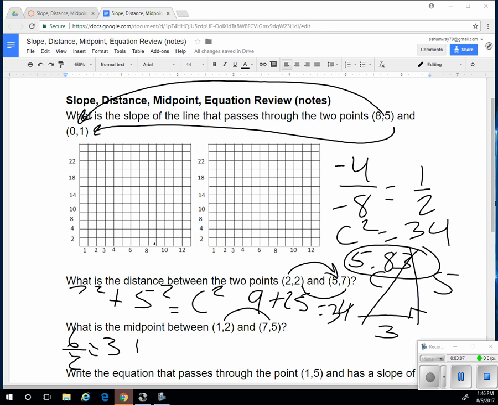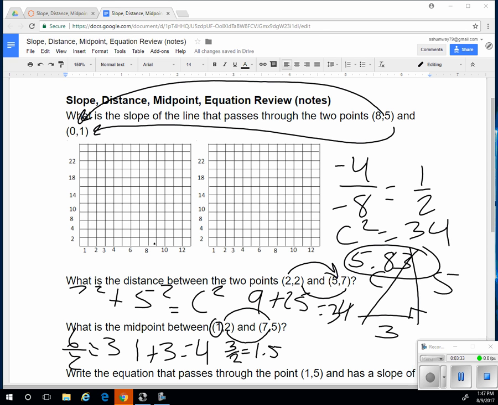If we're at 1, and we add halfway there, 3, that will get us to 4 in the x direction. In the y direction, we go from 2 to 5. 5 minus 2 is 3. So we go 3 units all the way, but we only want to go halfway, so we go 1.5.